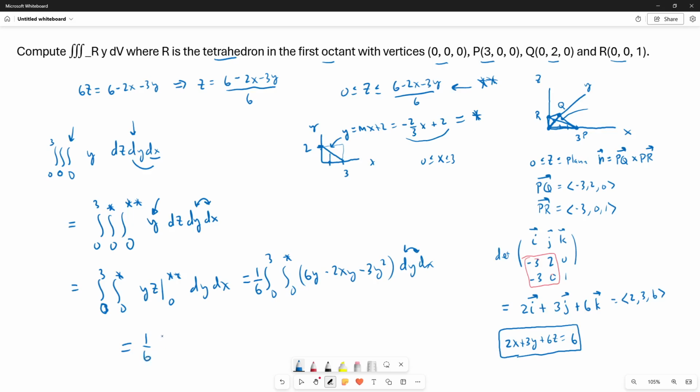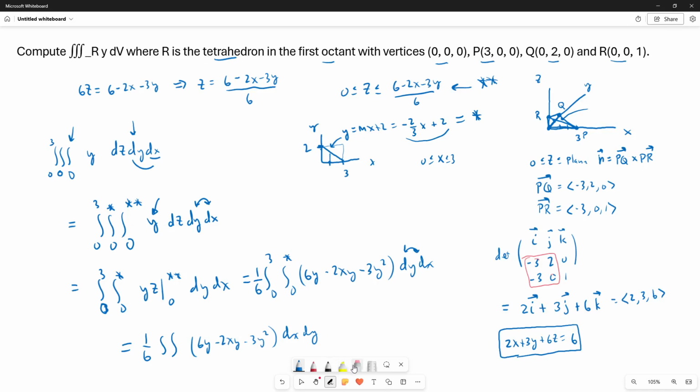So 1/6 double integral, same function. And now let's make it dx dy. But that means that our analysis here is, it's not that it's wrong, it's just that it needs to be modified.